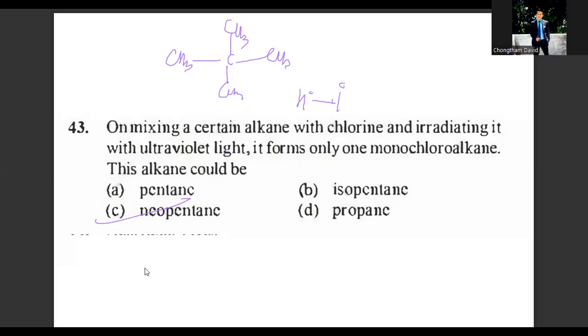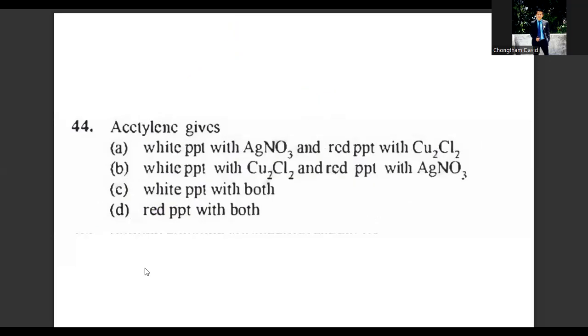Question number 44. Acetylene gives, acetylene is alkyne, ethyne, the first alkyne. Acetylene gives which of the following results? Okay, on addition with copper chloride, let us see. Acetylene, Cu2Cl2.